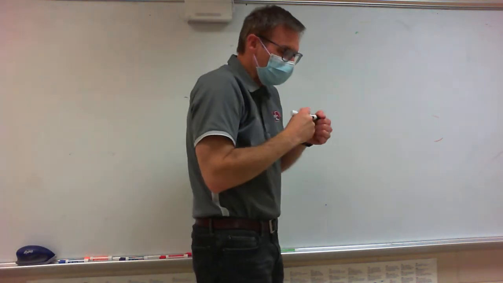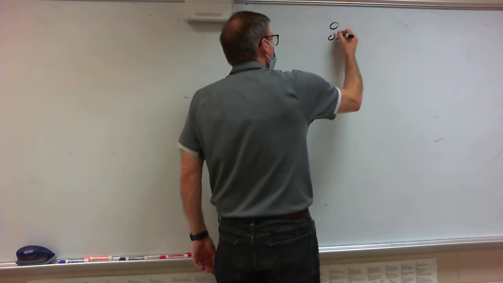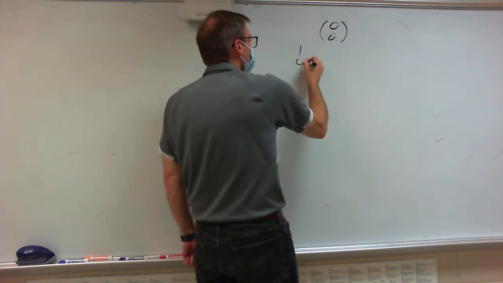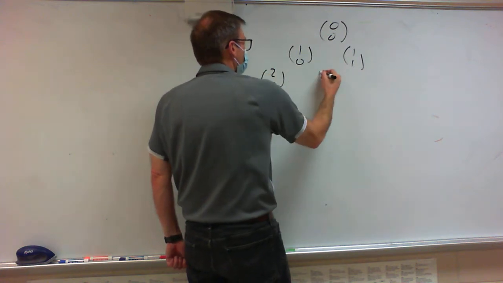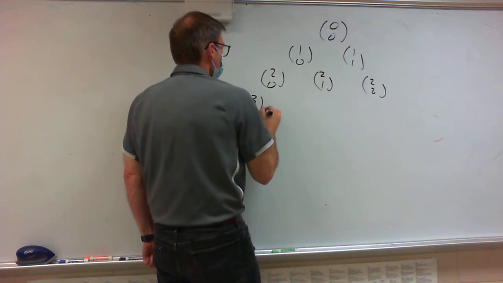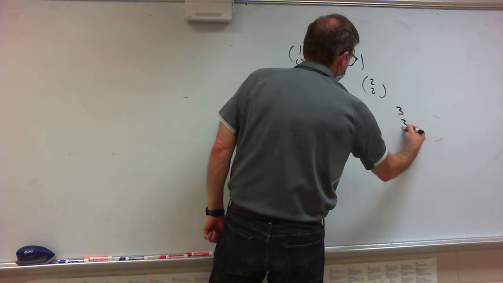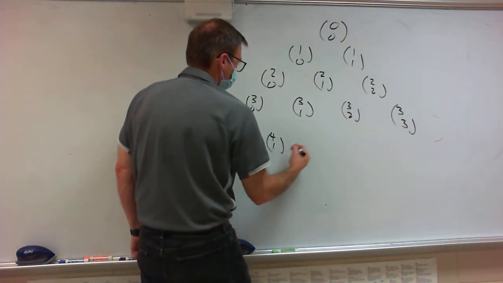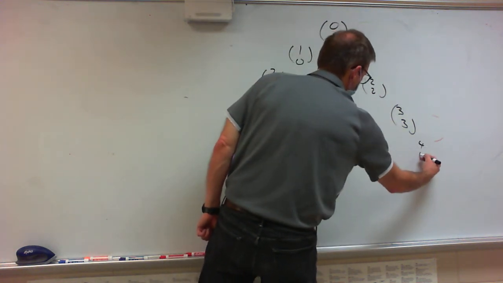And what he did is he wrote, let's see, he started off and he said 0 choose 0, and this is like the zeroth row, and then he did 1 choose 0, 1 choose 1, 2 choose 0, 2 choose 1, 2 choose 2, 3 choose 0, 3 choose 1, 3 choose 2, 3 choose 3, 4 choose 0, 4 choose 1, 4 choose 2, 4 choose 3, and 4 choose 4.